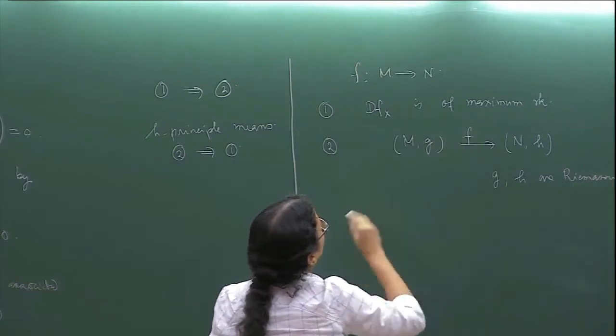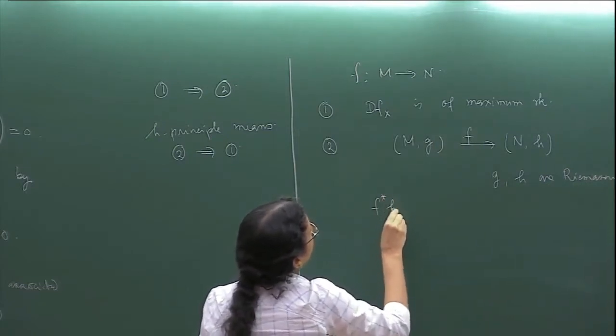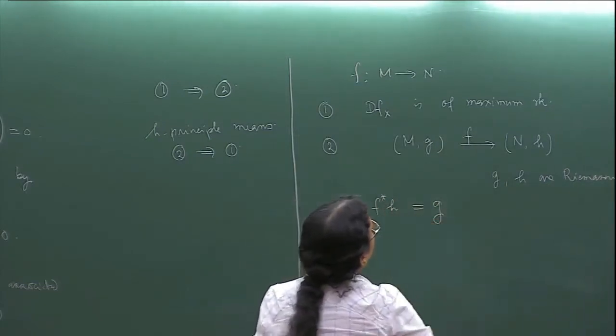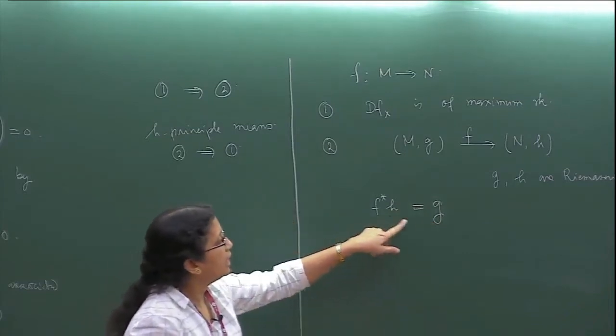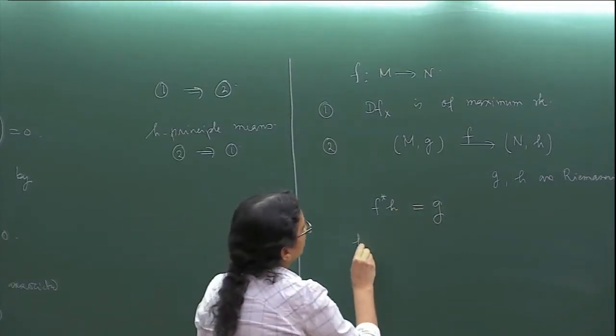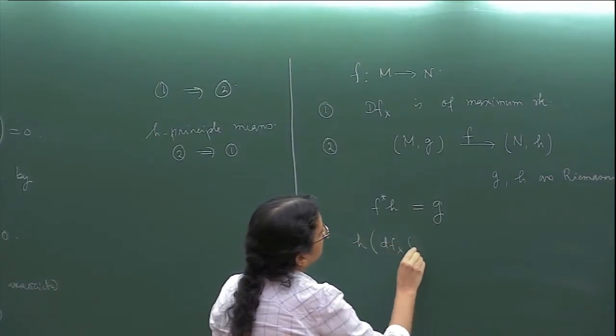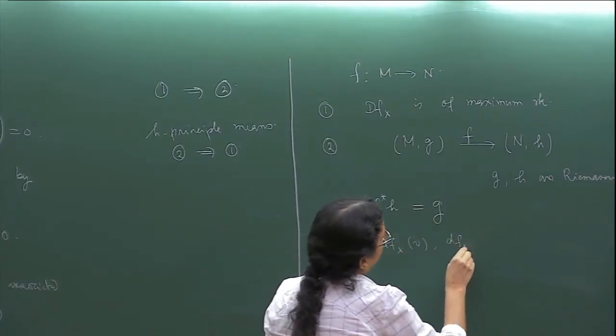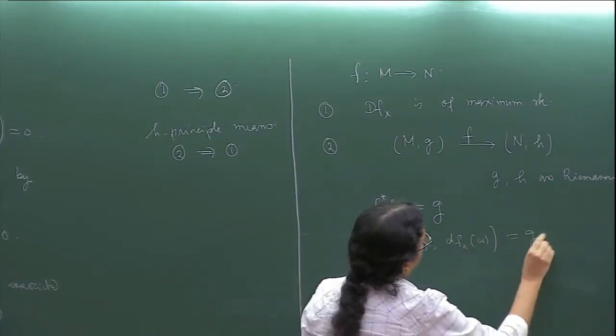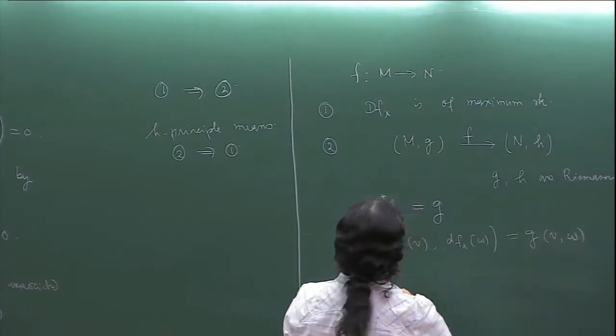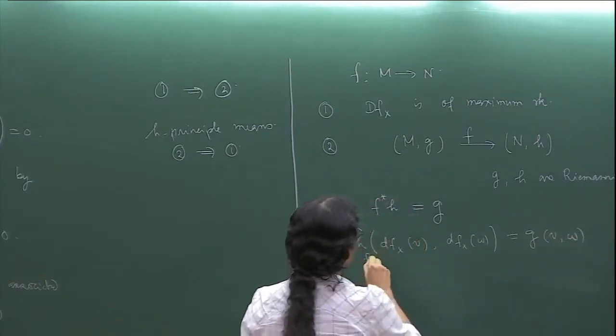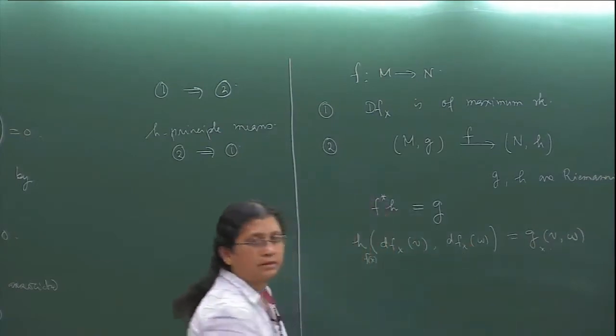Then functions which are isometric, so it pulls back the metric H into G. If you expand this, this would mean like this.